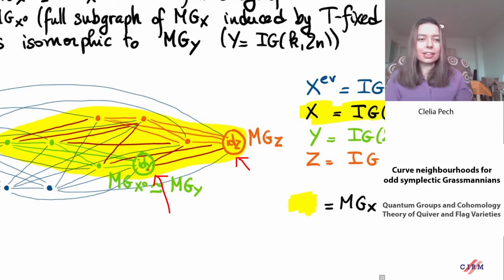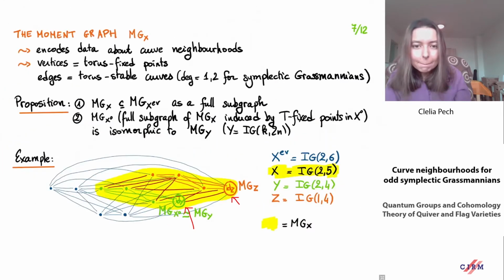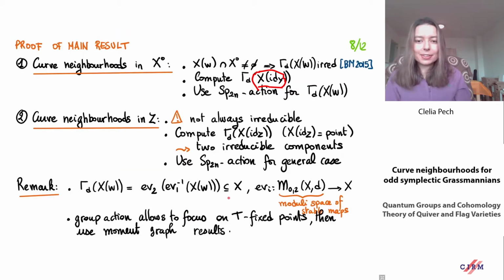And that's the case for which it's easier to compute the curve neighborhood. So that's what we do. We compute the curve neighborhood in that particular case, and then we deduce all the other cases using the action.